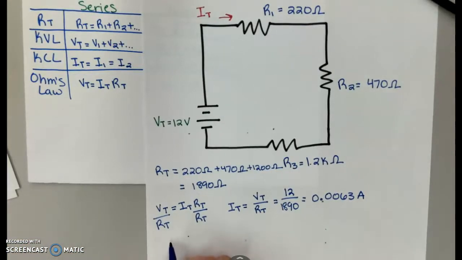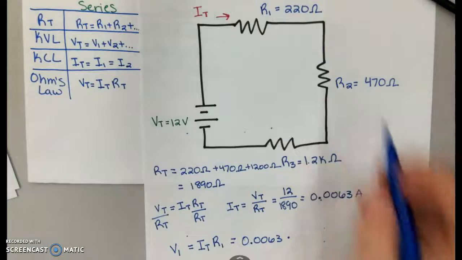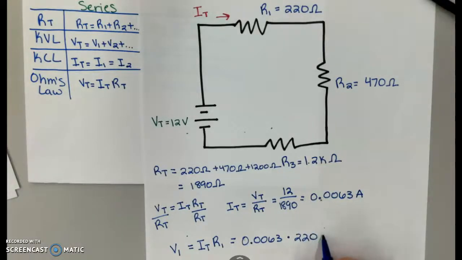So my voltage for resistor 1 is going to be equal to my current on resistor 1, which is the same as my total current, times my resistance on resistor 1. So that's going to be 0.0063 times resistor 1 is 220 ohms. So that voltage is approximately 1.4 volts.